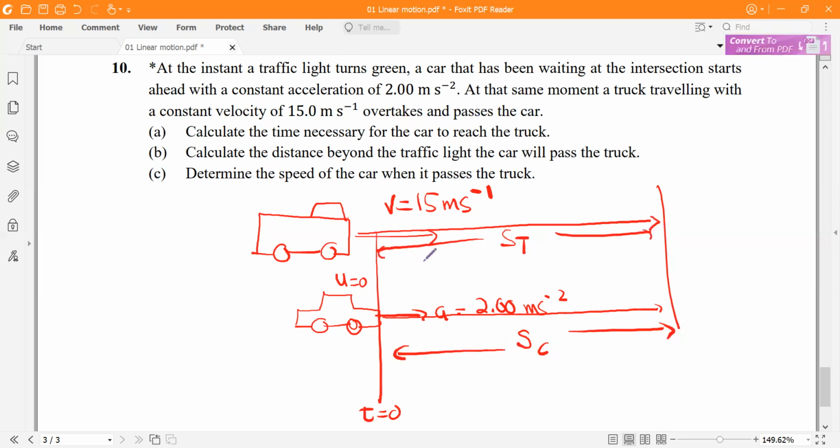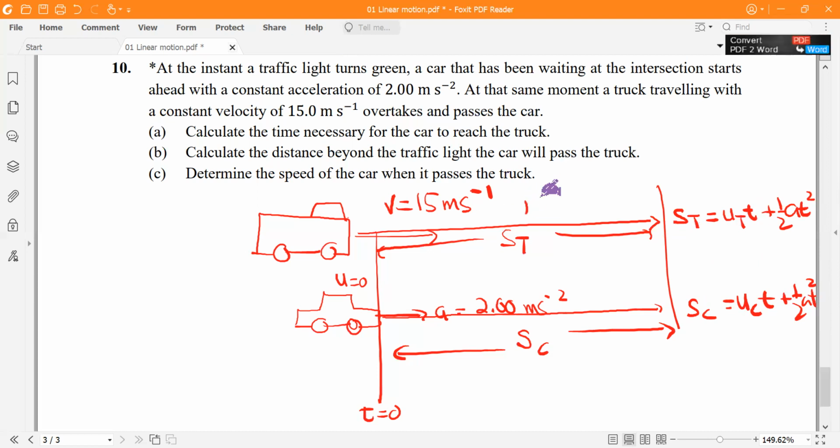So again, like question number 9, you will form an equation for the truck: ST equals u t plus half a t squared, and the same for the car.